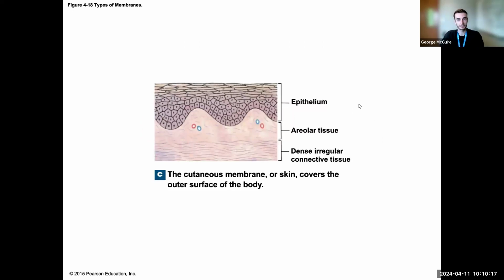We have our cutaneous membrane, which again is just referring to the most superficial layer of the skin, where we have multiple layers of dead squamous cells. So this is stratified squamous epithelium. They are dead keratinocytes. So the life cycle of your skin cells is they start, and as they mature they move more and more to the superficial layer of the skin. They're basically just producing as much keratin as they can and absorbing melanin from the melanocytes.